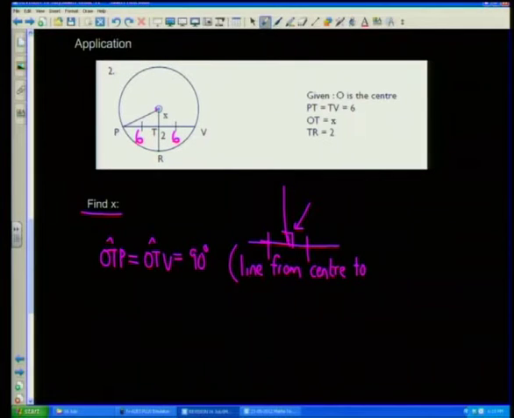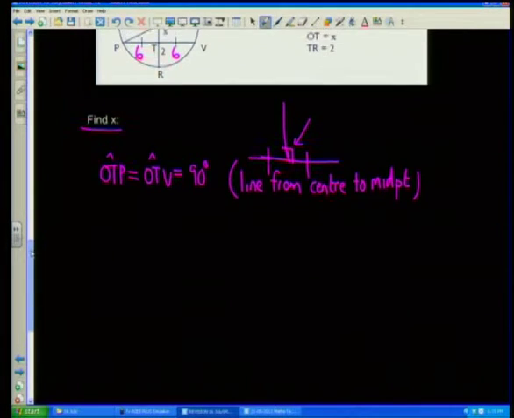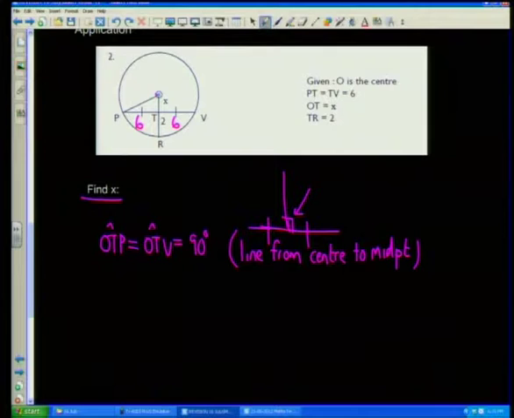And again, you always have to tell them why you've said what you've said. So now we know, guys, that this is a 90. And from here on out, it's just going to be an application of what you learnt in grade 8 already. So you've got to think all the way back there.